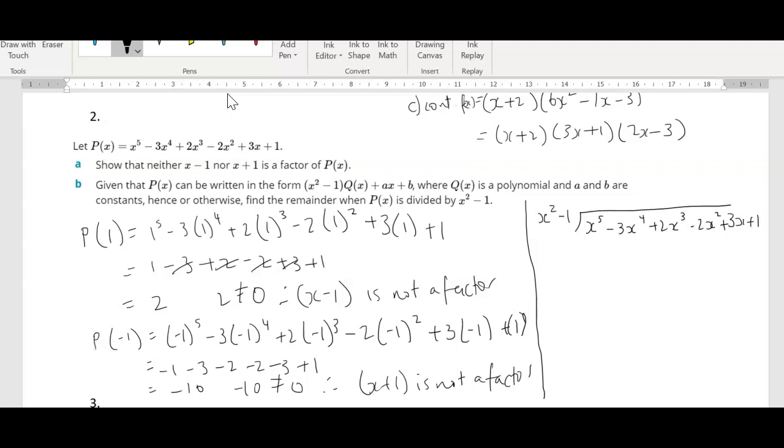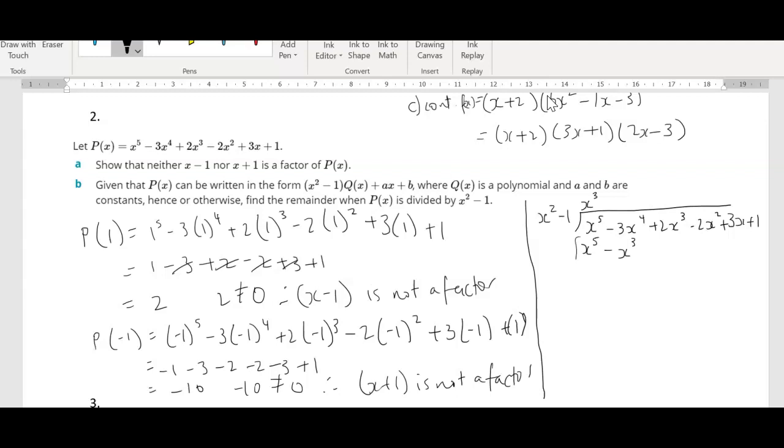All right, x squared into x to the power of 5 is x cubed. So x to the power of 5 minus x cubed, oops. Where did I go wrong? Sorry, I just had a small panic because the powers aren't the same, but it's all good.